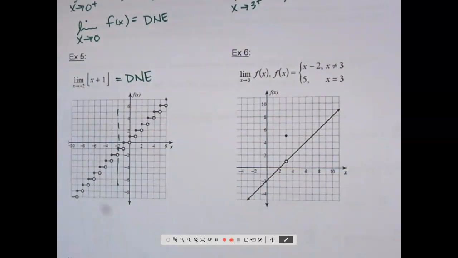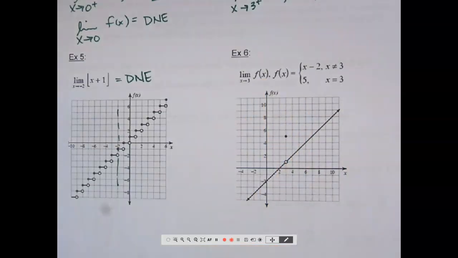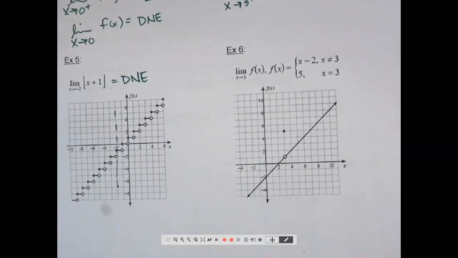All right. Try this one for me. The limit approaching 3. You might want to volunteer.